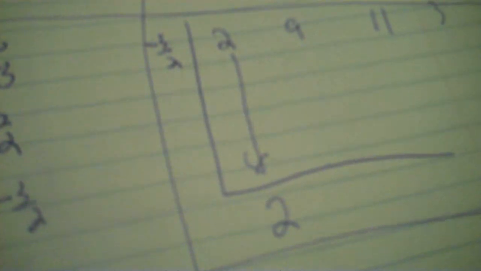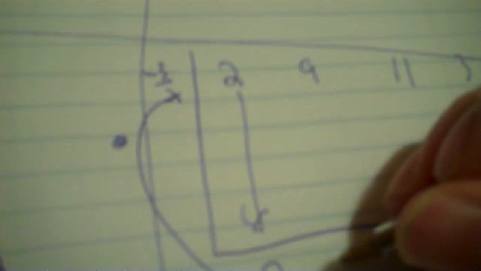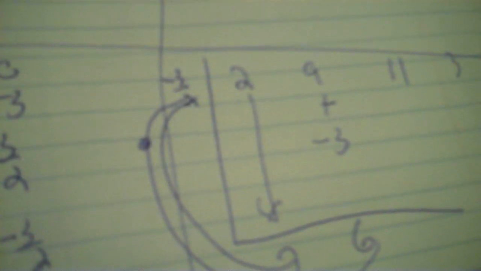So I carry down the 2, and then I take 2 times negative 3 over 2, negative 3. So every time I drop it, I have to multiply, and I just got negative 3. Now don't put it there, you put it here and add. That'd be 6. Now 6 times negative 3 over 2, negative 9.